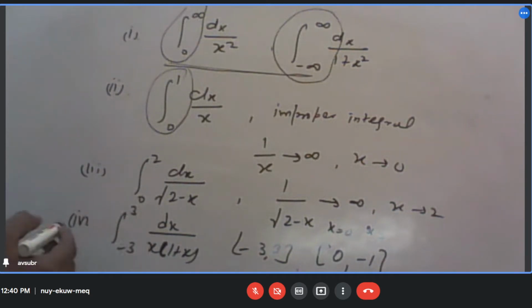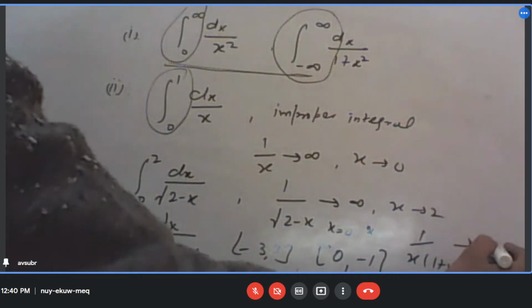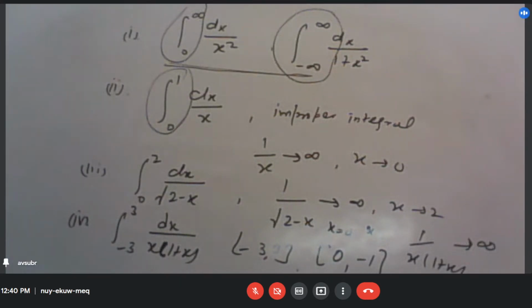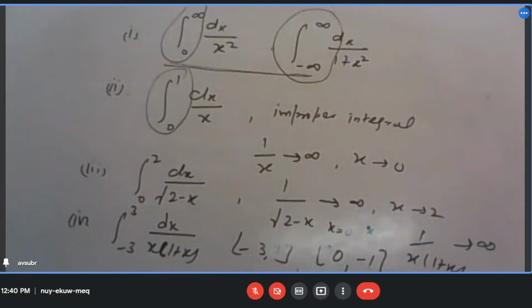As x approaches 0, 1 by x into 1 plus x goes to infinity. And when x is equal to minus 1, then also it goes to infinity. So this is again an example of improper integral. I hope it is clear.